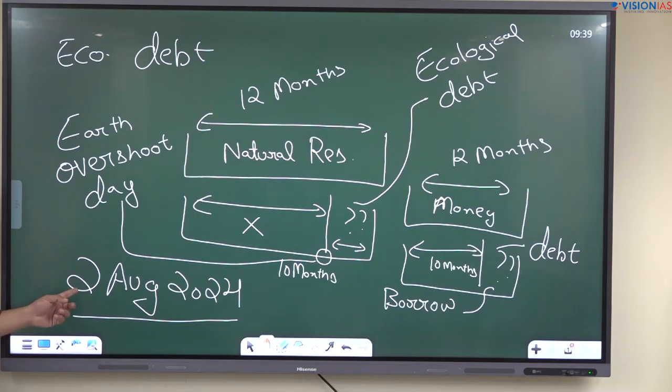So what does it show you? It shows you that your lifestyle is putting a burden on nature. You are not using the resources, you are exploiting the resources. Too much burden from the human population. Whatever resources are meant for a year are being consumed in 7 months only. Are you clear on this? These two concepts, ecological debt and Earth Overshoot Day.